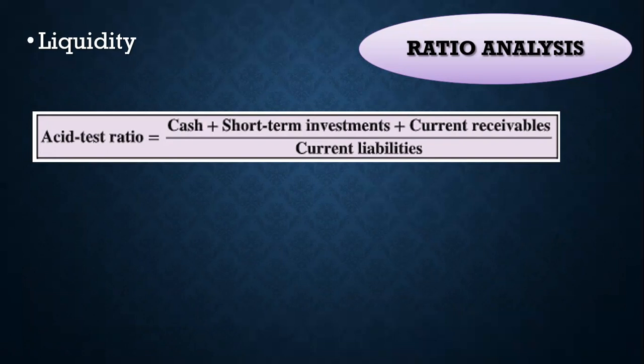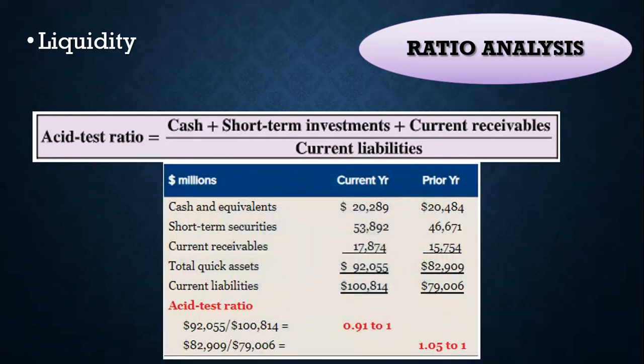The main thing is going to be our inventory. They say, hey, we want to know what can really quickly be turned to cash. Liquid is things that can very quickly be turned to cash. So for the acid test ratio, or again, the quick ratio, we're leaving inventory out. We divide that by all of our current liabilities, and that gives us the acid test ratio.